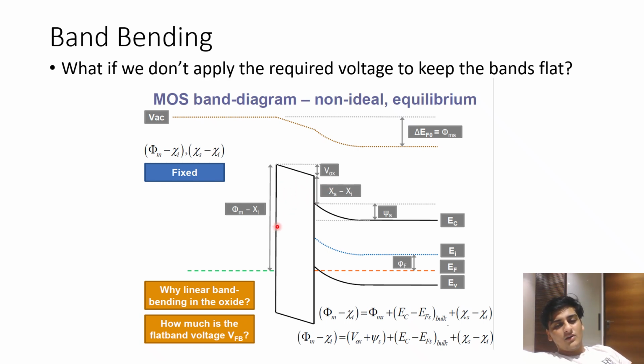Which means you're going to have a constant electric field inside this oxide, which means that your band bending has to be linear. So this region sees linear band bending, and the semiconductor can see non-linear band bending as well, which is why we've depicted it this way.